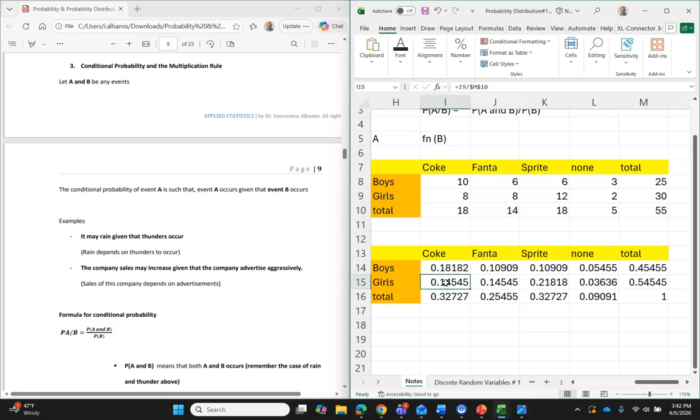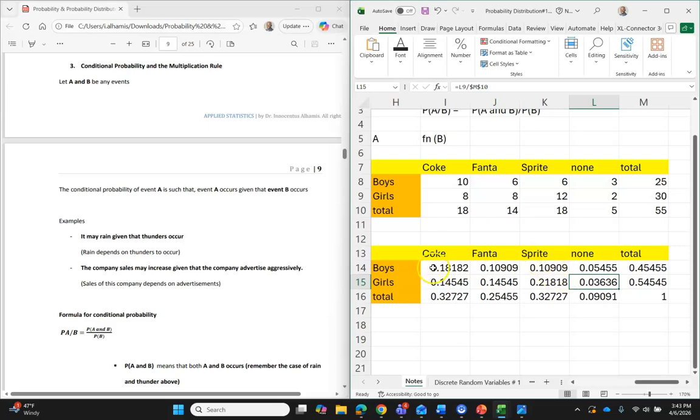This is also a joint probability between Coke and girls, joint probability between Fanta and girls, and also joint probability between Fanta and boys. So the same with Sprite and None. So these are actually joint probabilities.